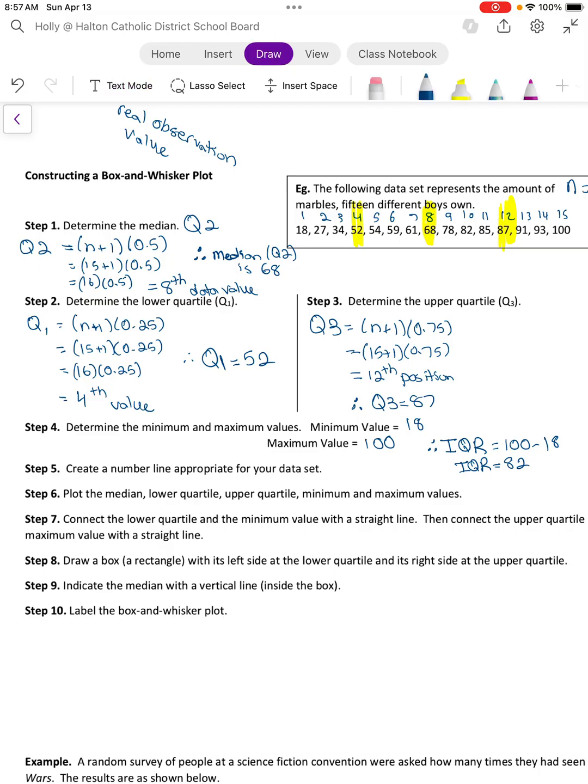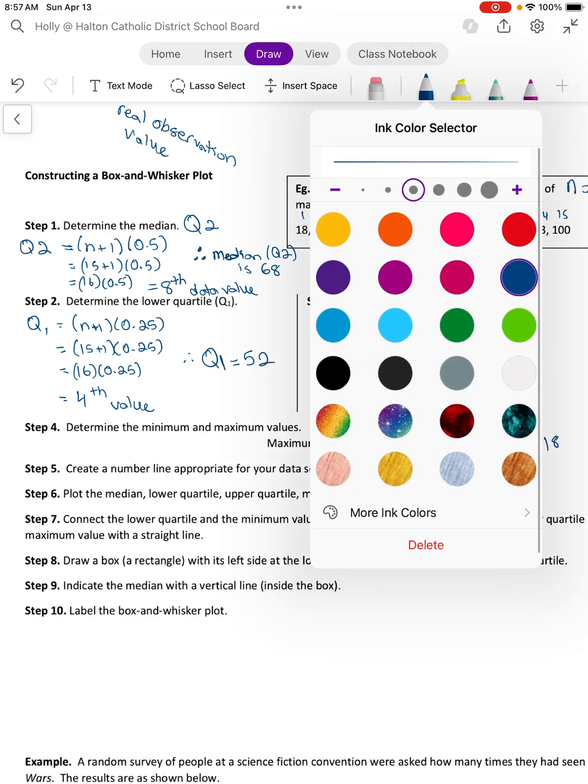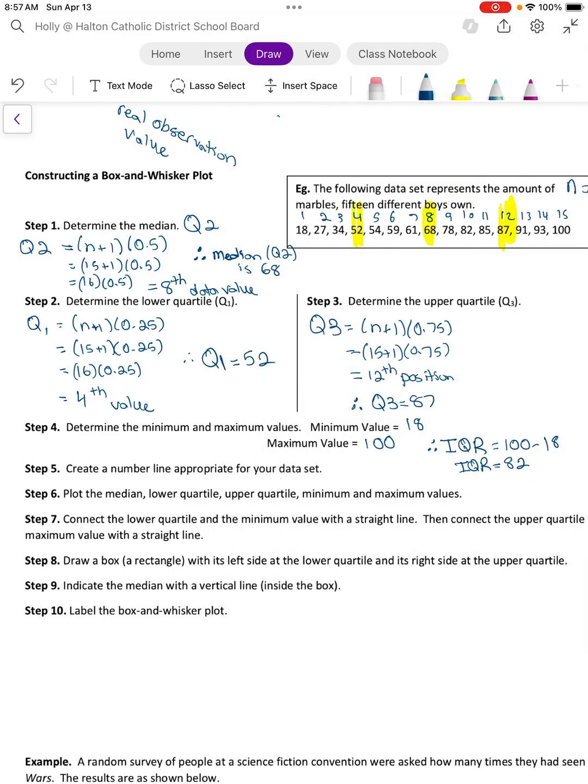See if I can draw. I was going to try to do a straight line, but I know I also had issues with that before. So let's just draw it out. Okay, so excuse my line.